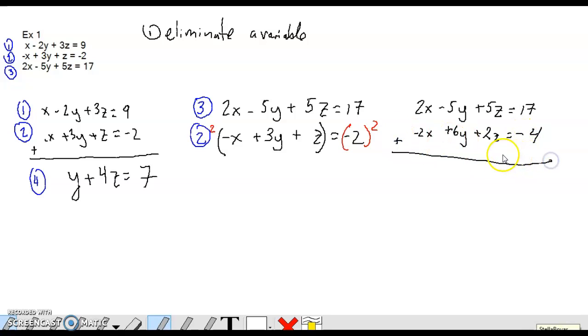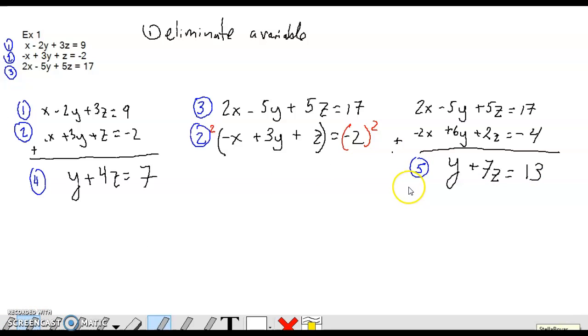Now I can add these equations up. The x's cancel off, negative 5 plus 6 just leaves us with a y, this leaves us with 7z, and 17 minus 4 is 13. This is a brand new equation, and now it's equation number 5.